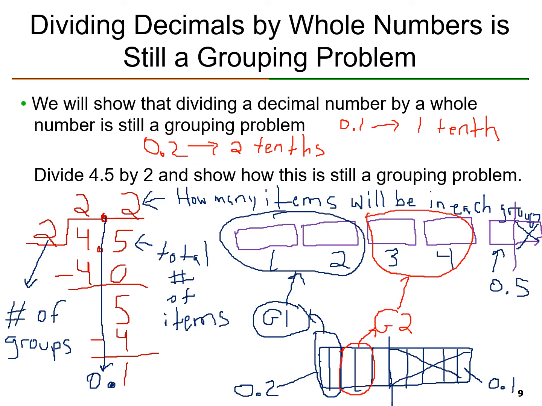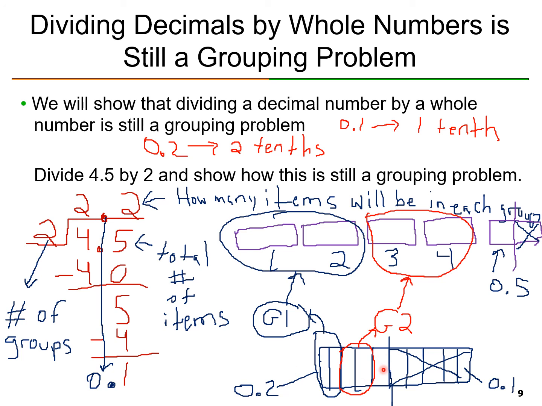So group 2 has 2 items and 2 tenths of an item, just like the quotient tells us. Group 1 also has 2 items plus 2 tenths of an item.